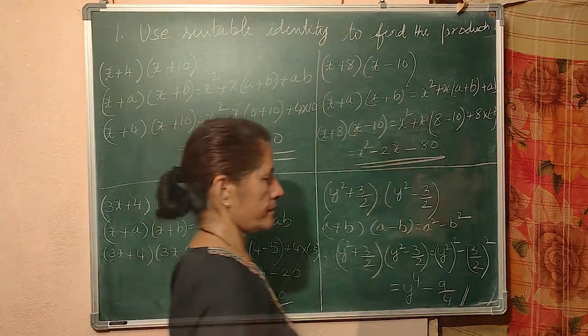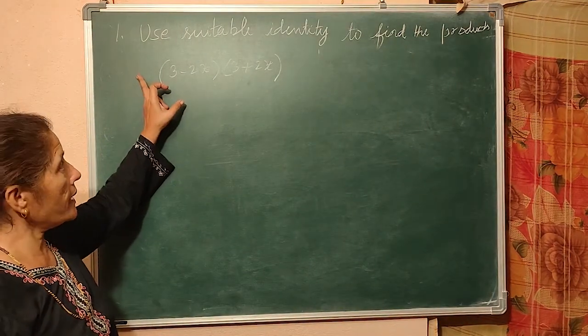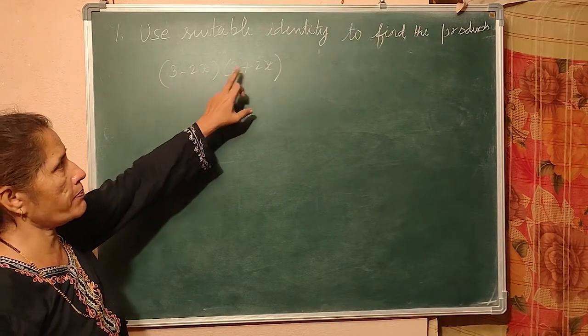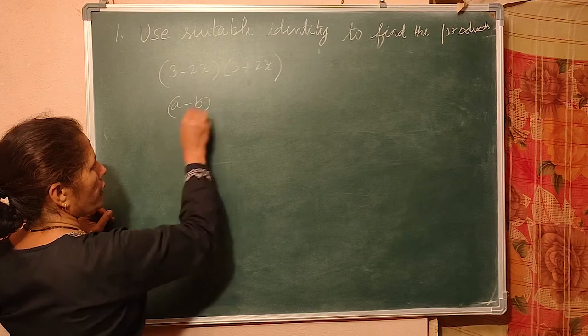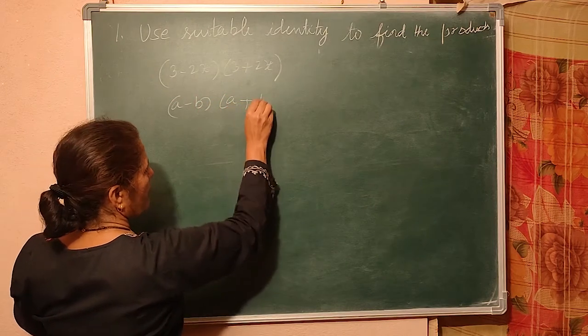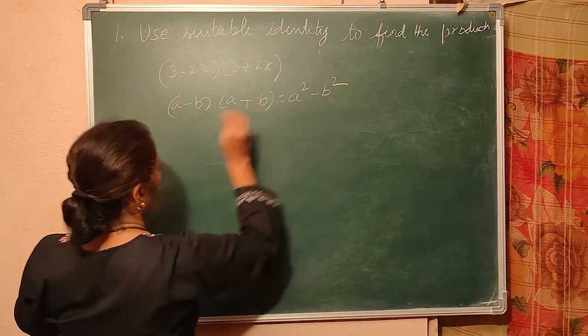Did you understand? The last question of the first question: (3 - 2x)(3 + 2x). How does it look? (a - b)(a + b). What is (a - b)(a + b)? a square minus b square.